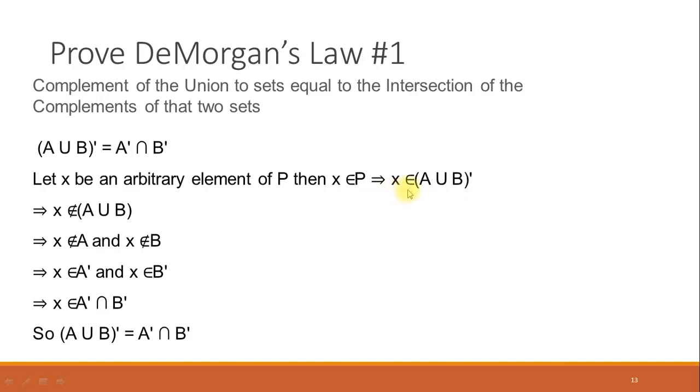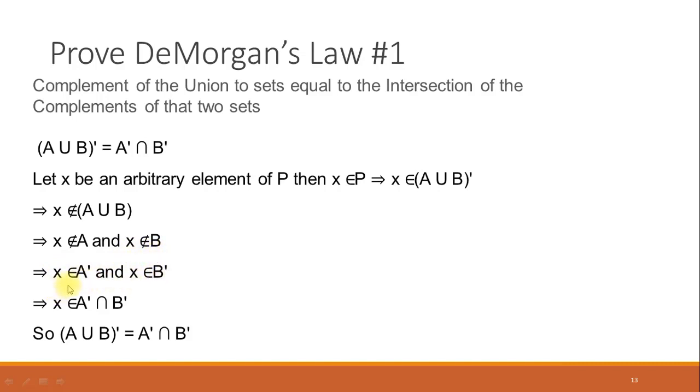Since X belongs to (A union B) whole complement, this implies that X does not belong to A union B. Since X does not belong to A union B, so X does not belong to A and X does not belong to B. Since X does not belong to A, so X belongs to A complement, and X does not belong to B means X belongs to B complement.